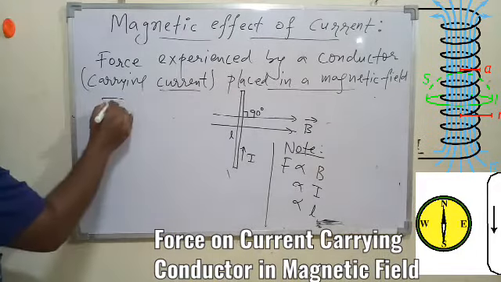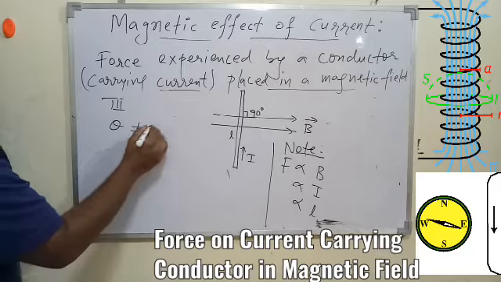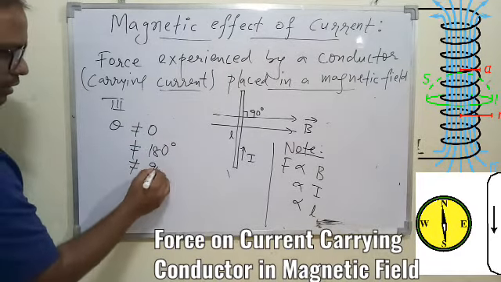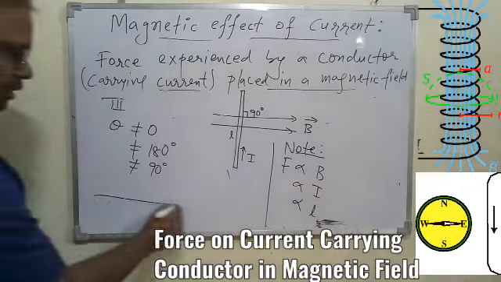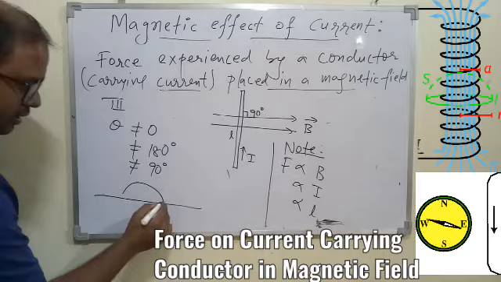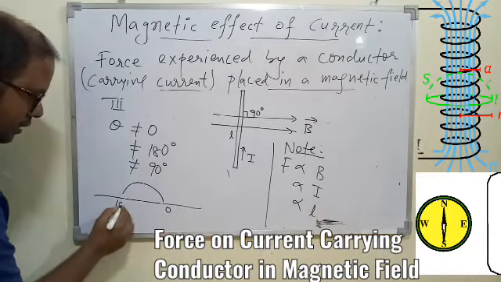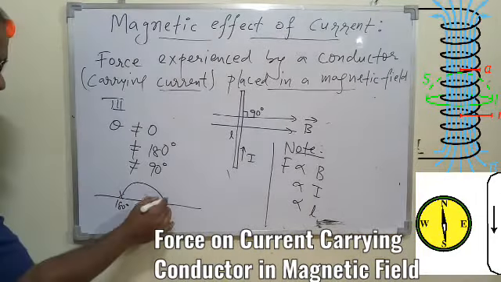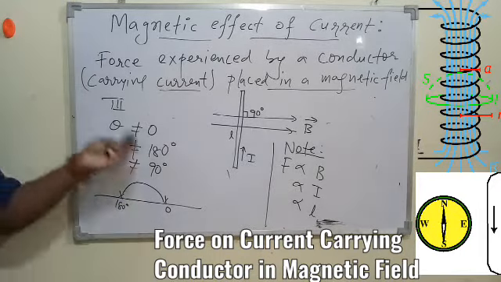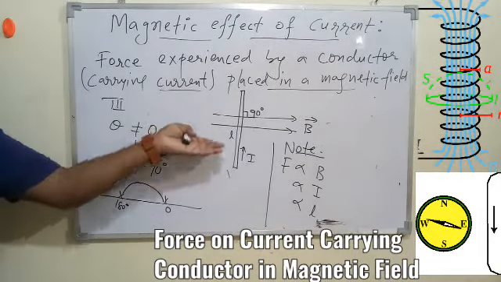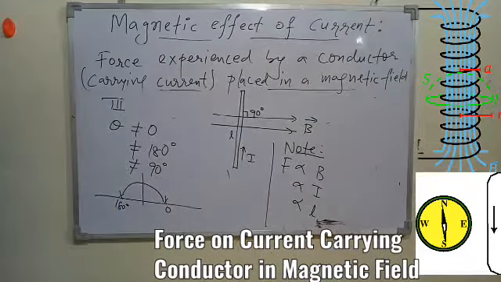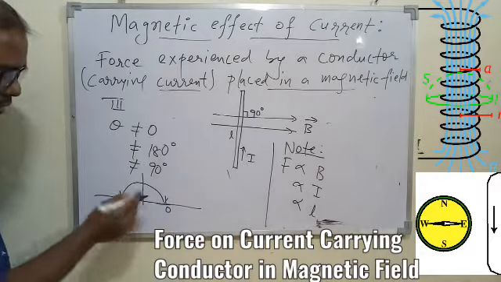Now the third case: if theta is non-zero, non-180 degree, and non-90 degree. So if we have theta between 0 degree and 180 degree, not the 180 and not the 0 degree, in between the two, whatever angles we have, all angles will be giving force to the conductor, but the maximum will be at this position, and here and here no force.